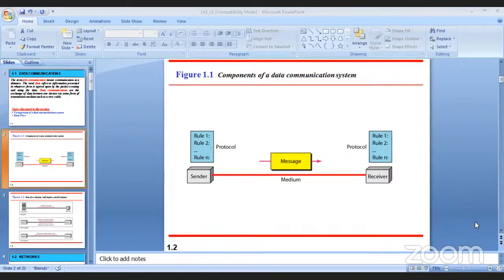In order to transmit the data or communicate the data, there should be one device who will send the data.